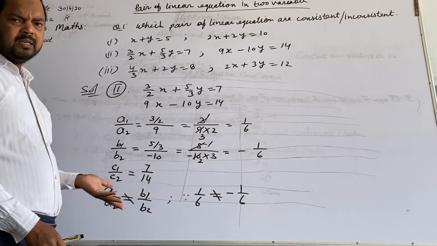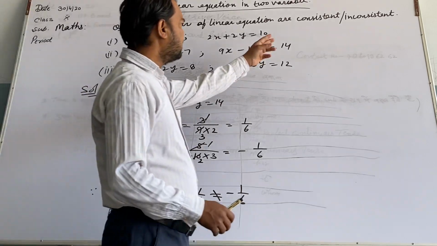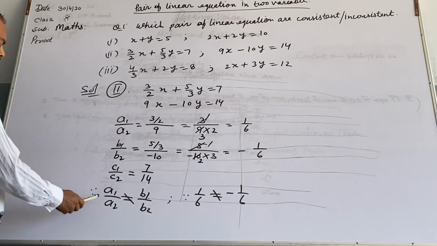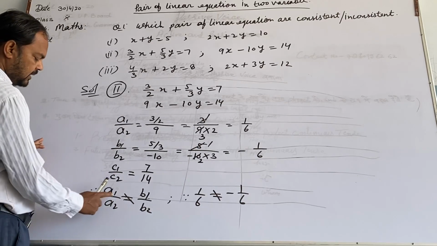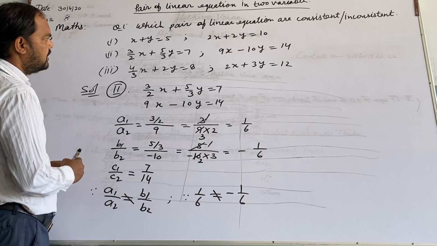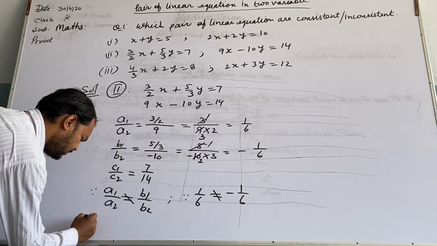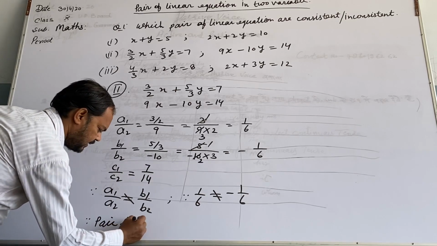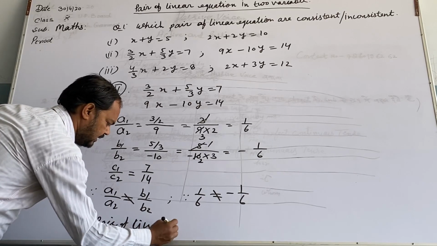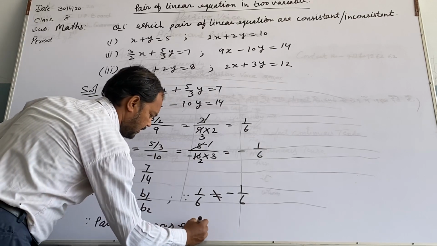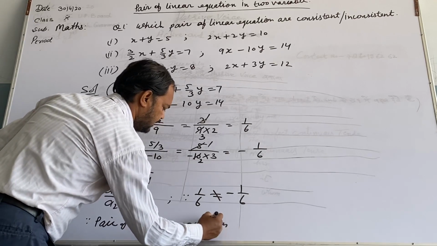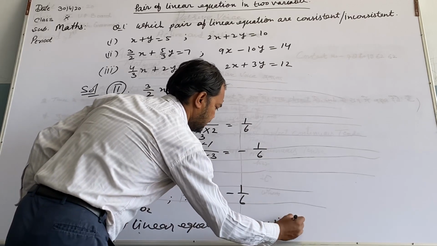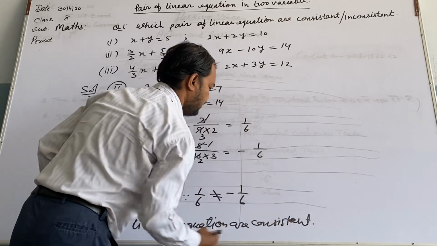Now again see the condition and check the consistency and inconsistency. On the basis of this, you will find that for this condition, the pair of linear equations is consistent.